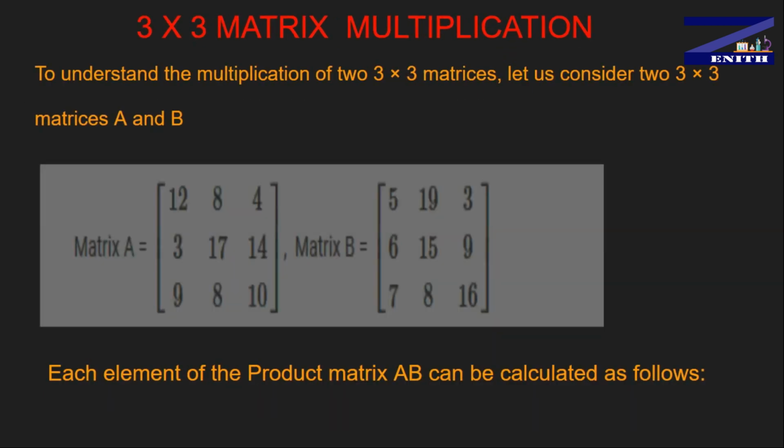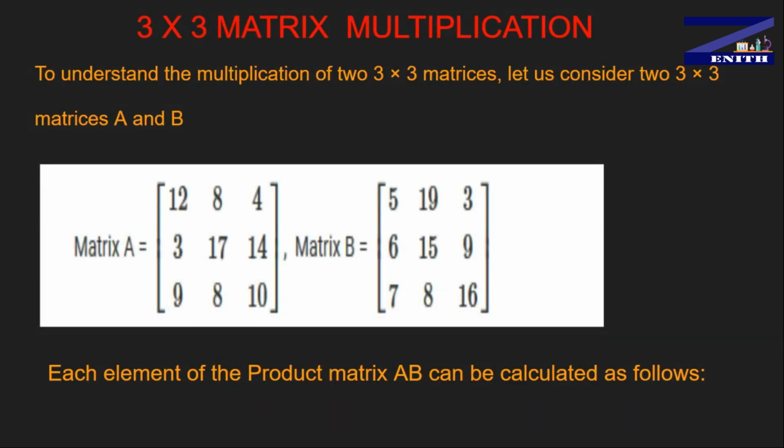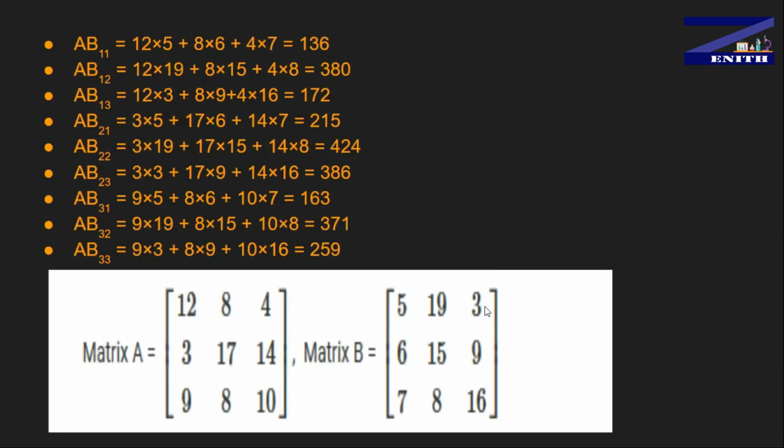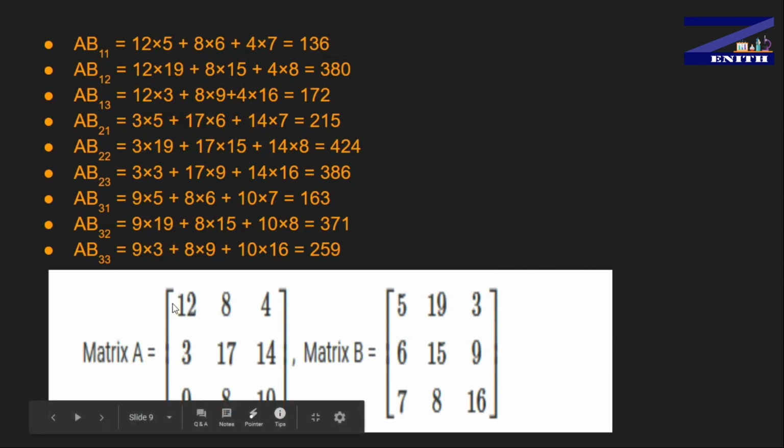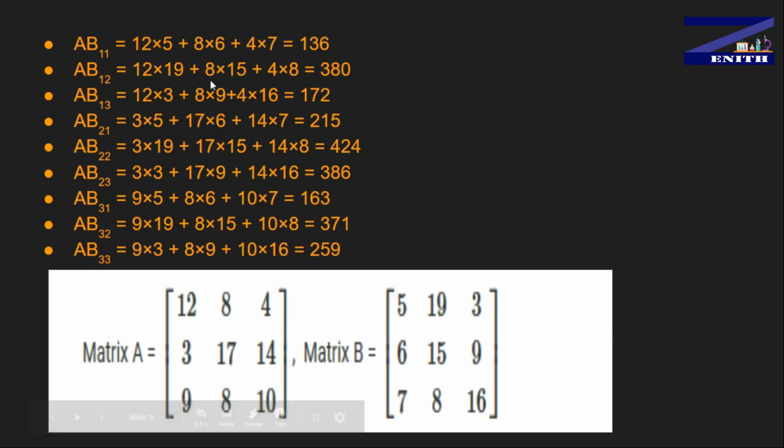Now guys, see the matrix multiplication of 3 cross 3 matrices. As we have here a 3 cross 3 matrix A and a 3 cross 3 matrix B. Now each element of the product matrix AB can be calculated as follows. You have to do just one thing: as you know, we have to multiply the rows of this matrix with the columns of the other, and we are doing only that here.